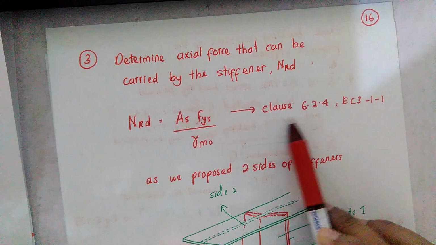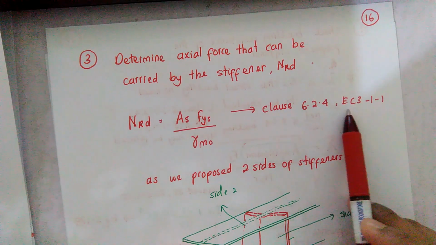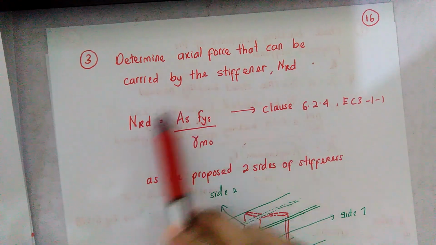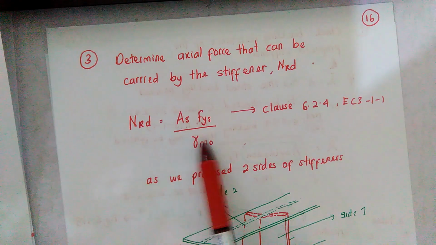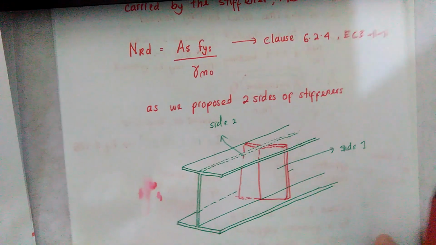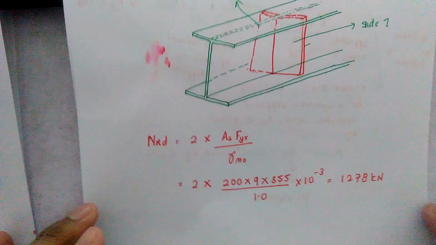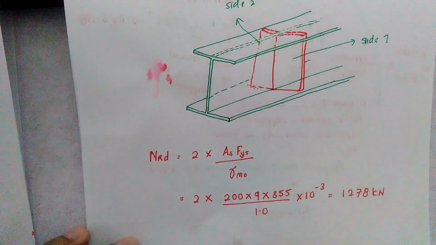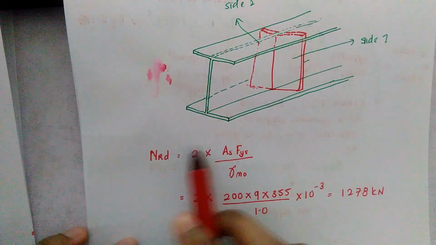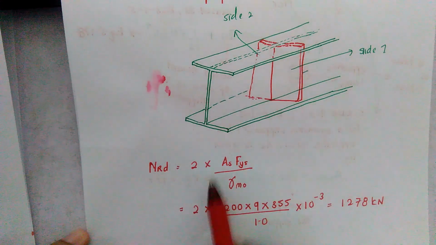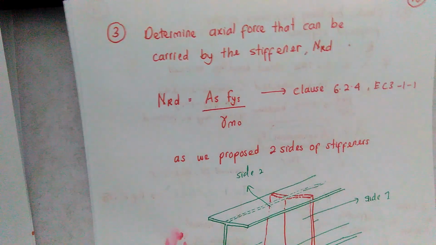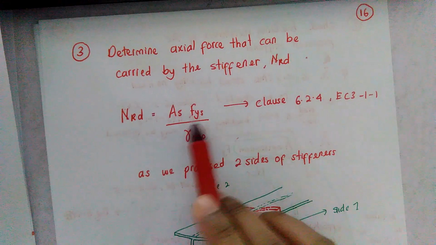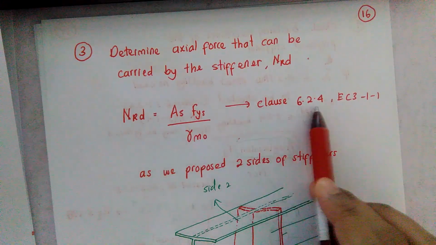In this clause 6.2.4 of EC3 Part 1-1, we have the equation whereby N_Rd is equivalent to A_s f_ys over gamma M0. Therefore, N_Rd is given by 2, because we have two stiffeners, times the capacity required by the stiffener, which is f_ys over gamma M0, taken from clause 6.2.4.